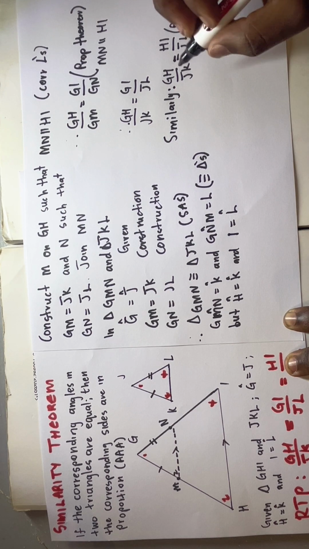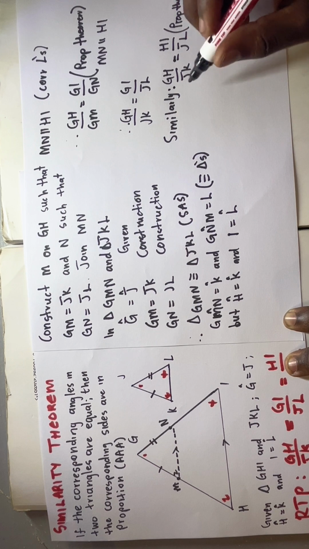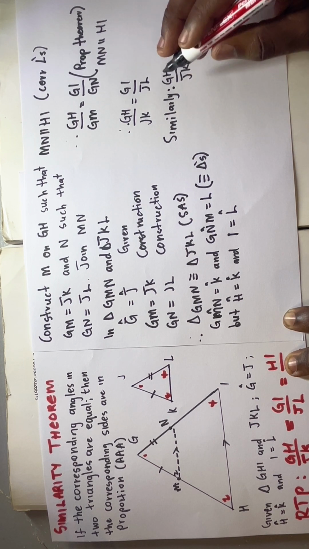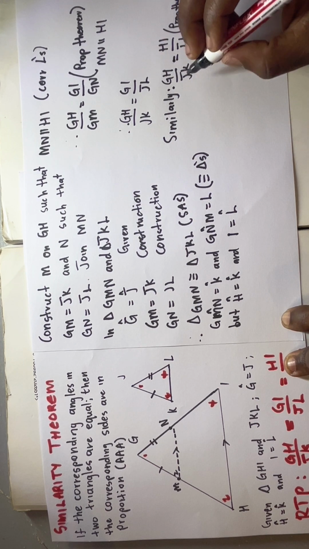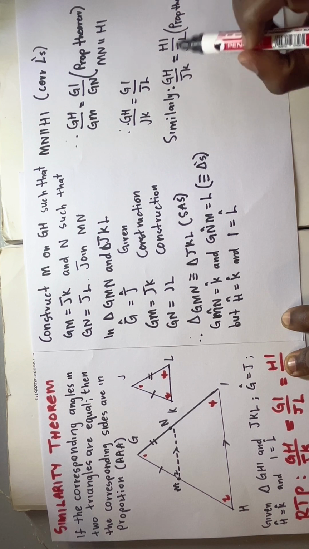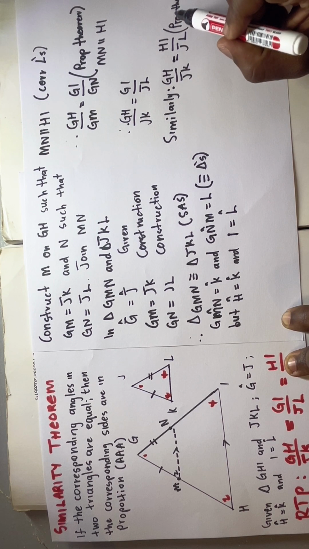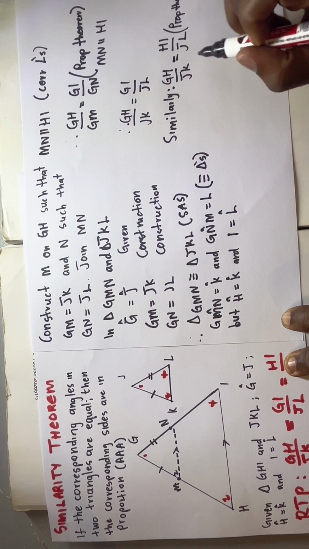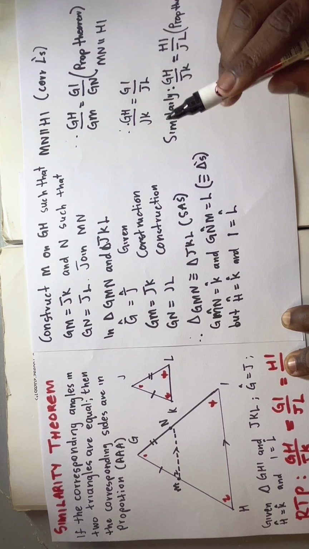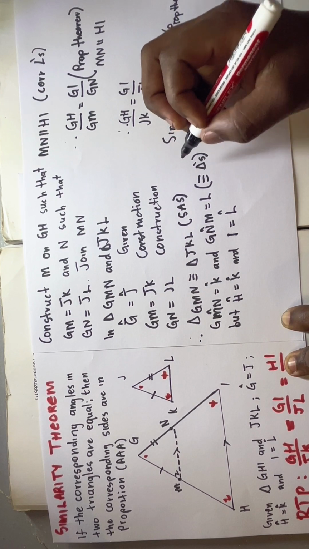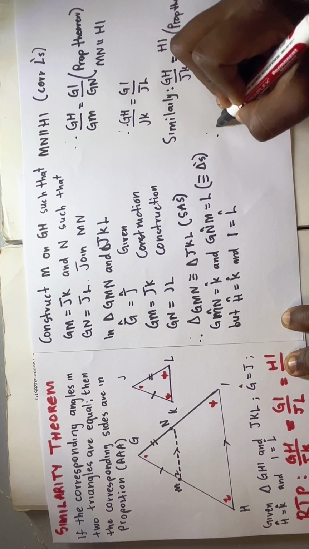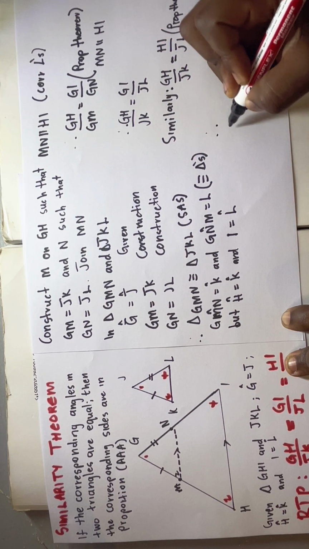And why prop theorem? Because of construction. Remember, we've constructed, so this is also because of our construction. So therefore now what else then you can conclude? You can actually now conclude that, now look, firstly your GH, let me write it here.